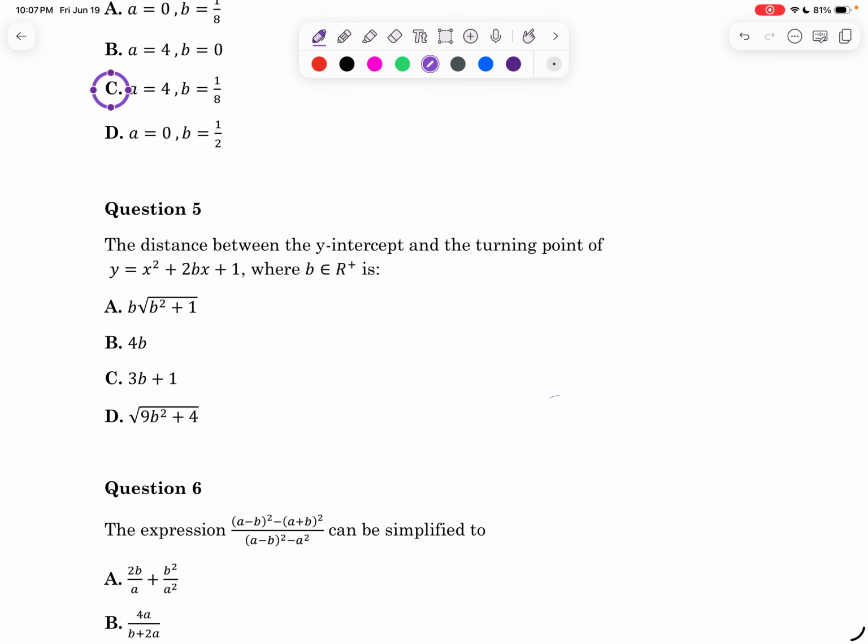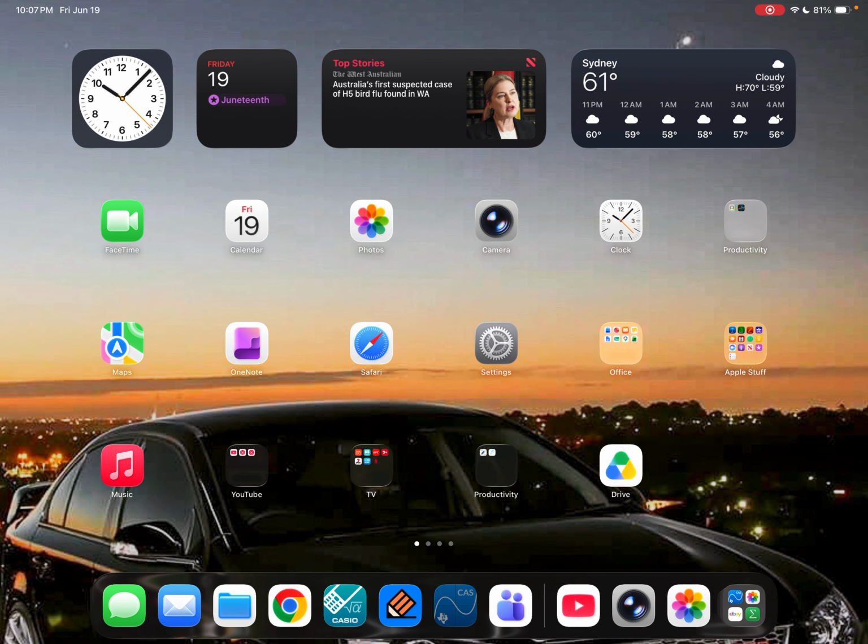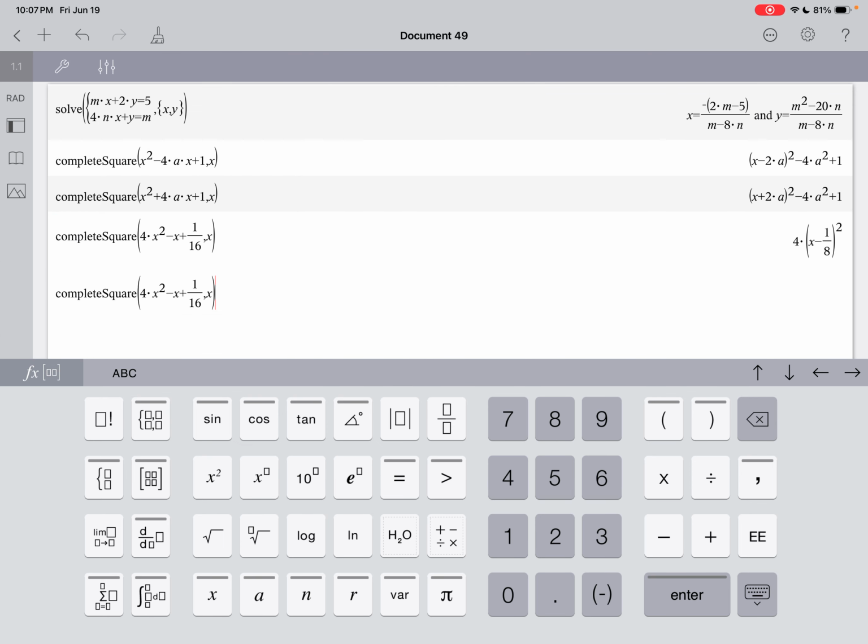The distance between the y-intercept, so the y-intercept is going to be 0, 1, and the turning point. x squared plus 2bx plus 1. I like using this. x squared plus 2b times x. Oops. Was it minus 1?